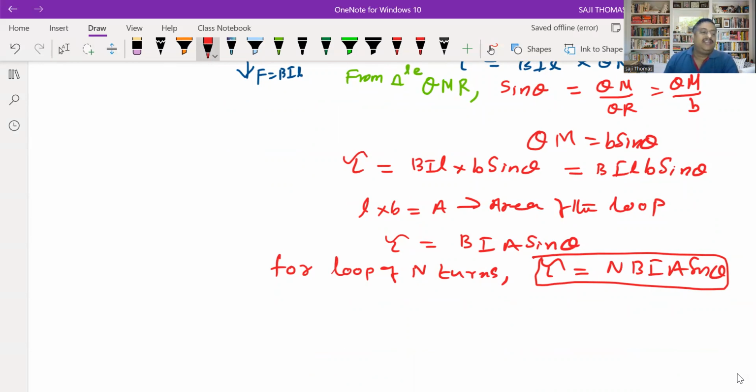Now, this theta is angle between magnetic field and normal.